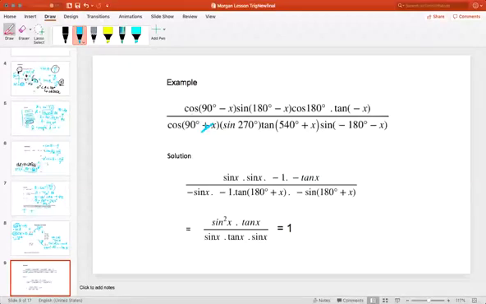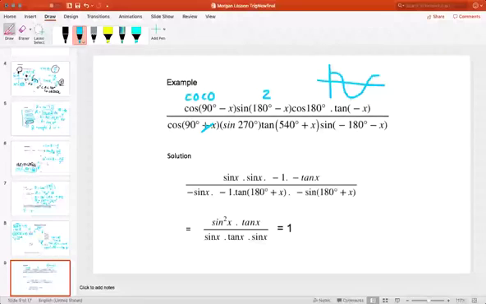All right, here's an example. We've got cos of 90 minus x. That's a CoCo rule to me. Then we've got sin of 180 minus x. That is quadrant 2. Cos of 180, that is not reduction. So now we need to remember our cos graph.